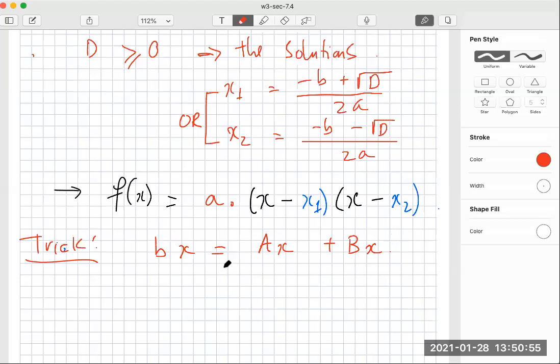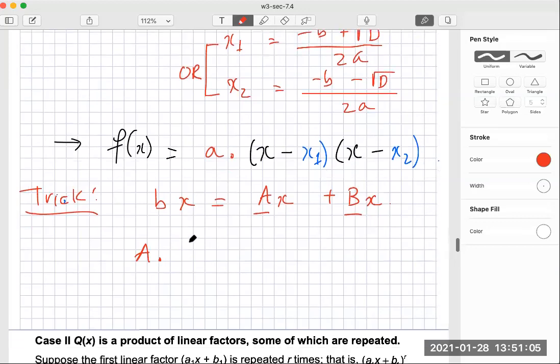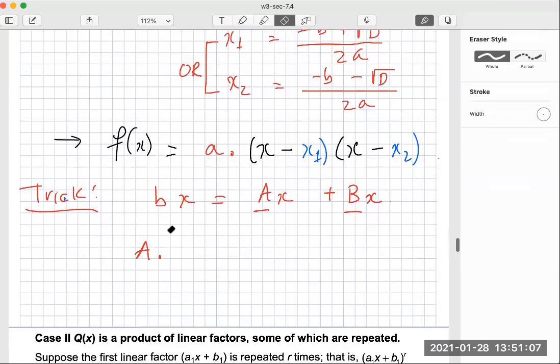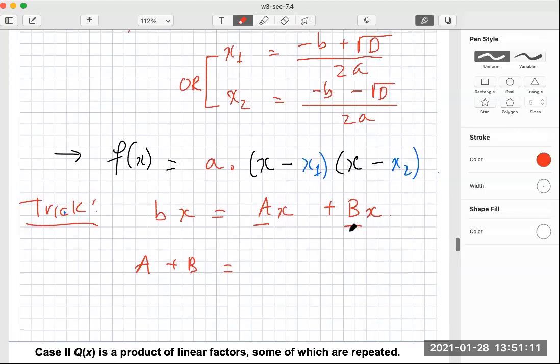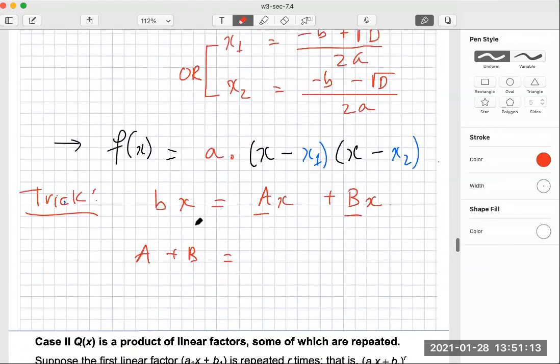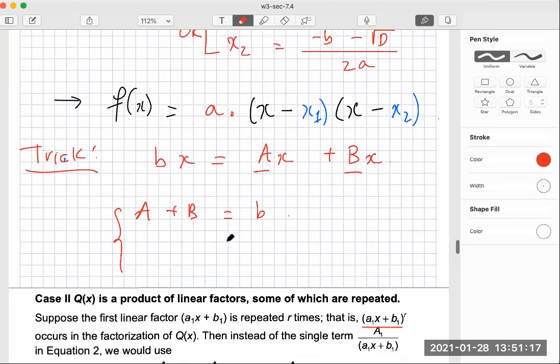And the beautiful thing is that the capital A and capital B here, the sum of them, A plus B, will be actually the small b here, right?